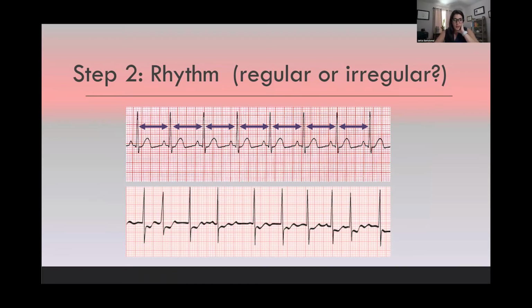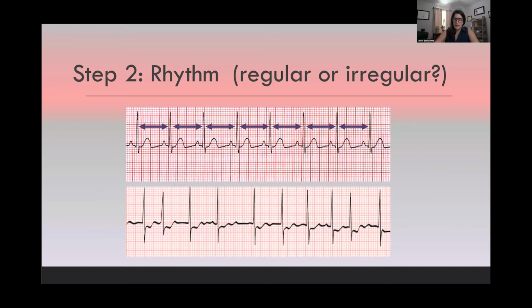If you notice here, look at the distance between the R from the QRS complex. The R is the spike. Look at the length between one R and the second R, which I put in between an arrow. It's pretty much equal. With the naked eye, you can see that it looks fairly regular. They're marching at the same time, same distance between every R.